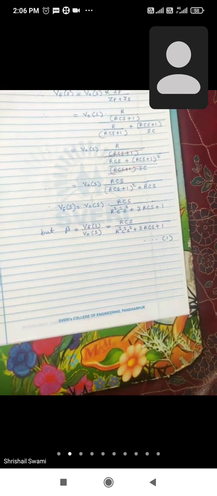Okay, so in this proof I will consider this as equation number 1. In this proof, we are deriving the proof, we can consider this as equation number 1.